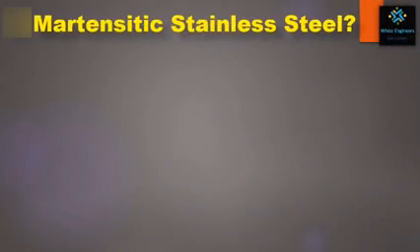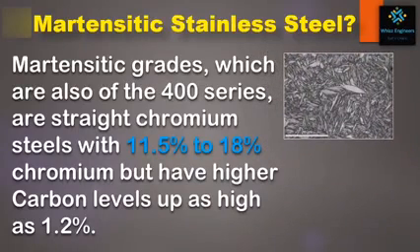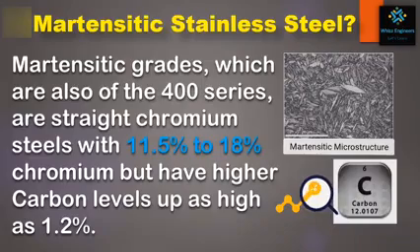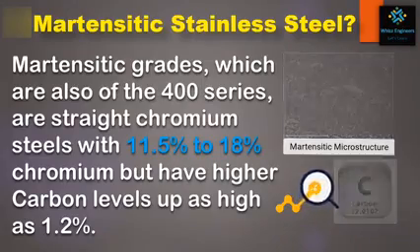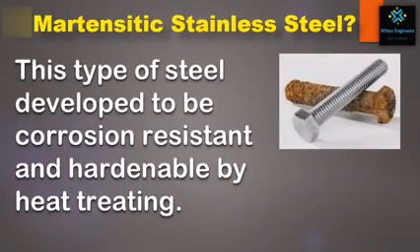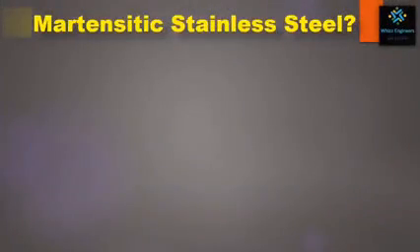Let us see what is martensitic stainless steel. So this is the 400 series straight chromium steel with around 11.5 to 18% of chromium, but has higher carbon levels, as high as 1.2%. So this type of steel was developed to be corrosion resistant and hardenable by heat treatment.